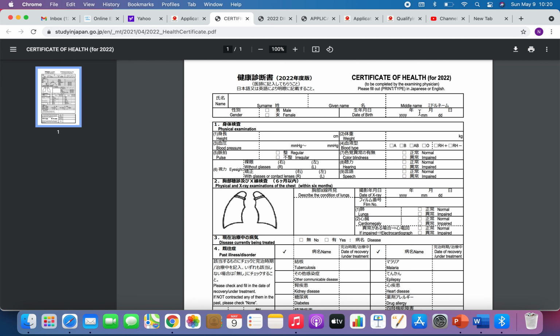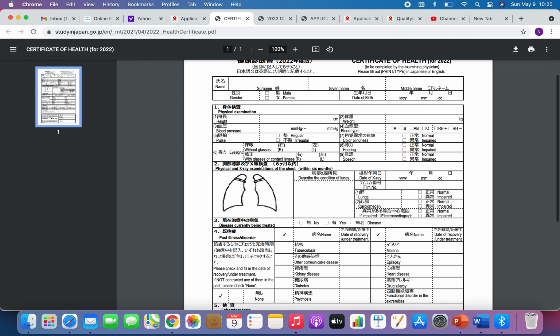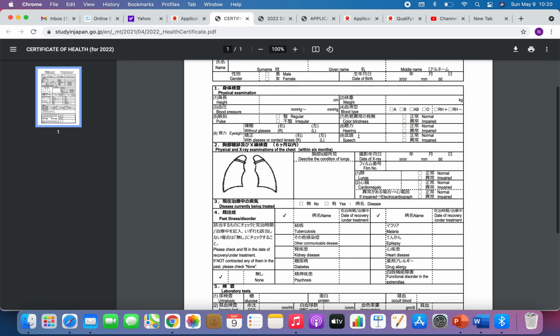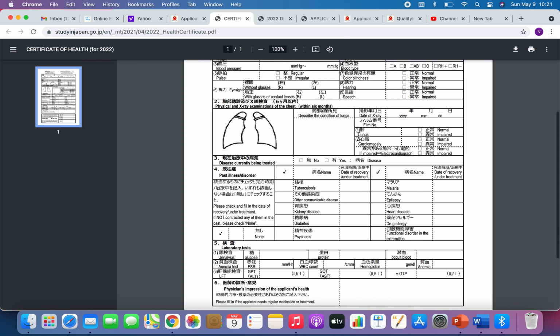It's the same thing. Okay, you have to write it like this. So the year, then the month, and then the day, and then the examinations you have to take. So you have to do a chest x-ray, blood pressure, body type, weight, everything. Oh, blood type, sorry. So everything has to be measured like this.